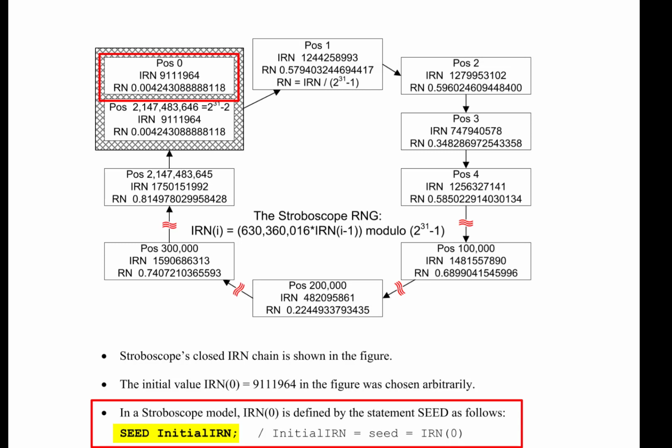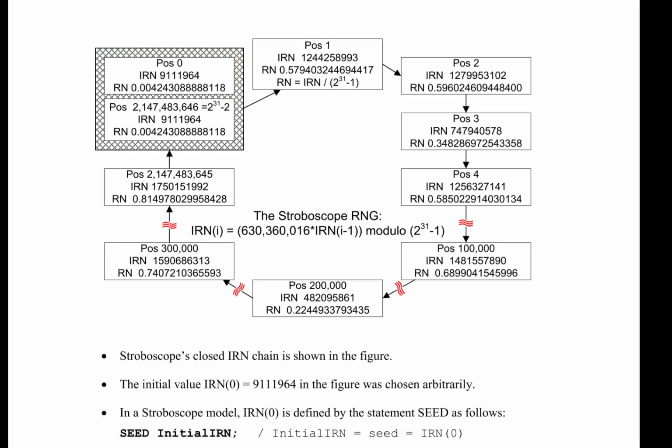It is this seed, which is the initial random number, that determines the sequence of integer random numbers that a simulation model will actually experience. This means that if two simulation runs of the same or different models use the same seed with the same initial integer random number, then they will use the same sequence of integer random numbers. This is very important for the subject of variance reduction that will follow.